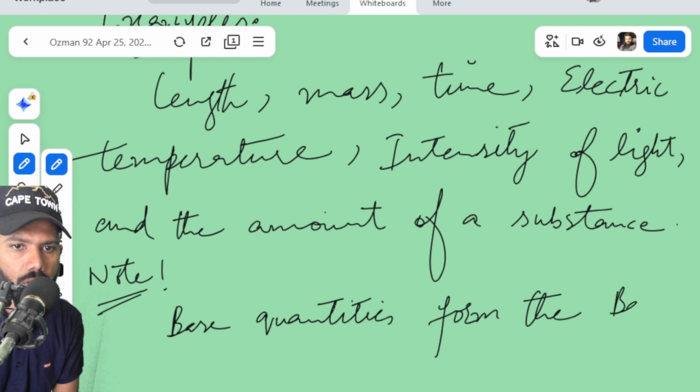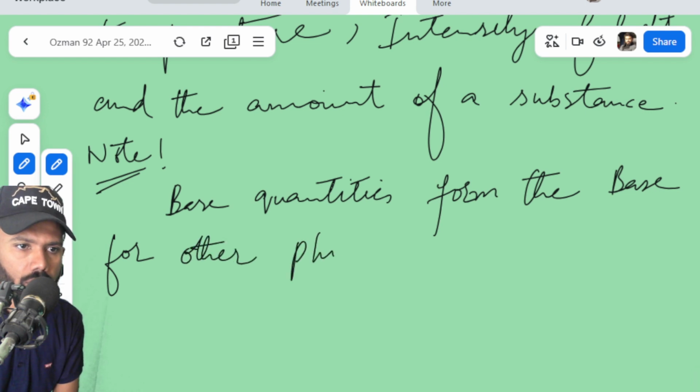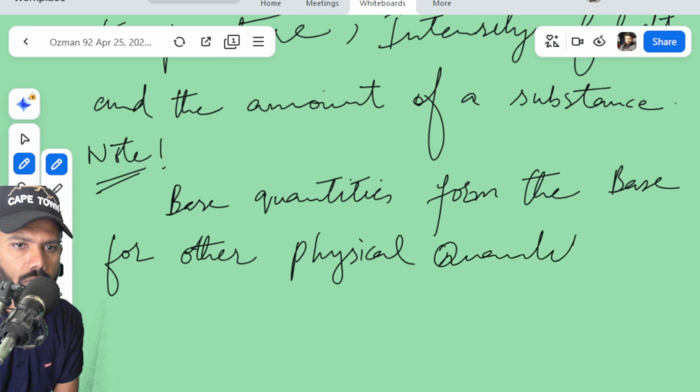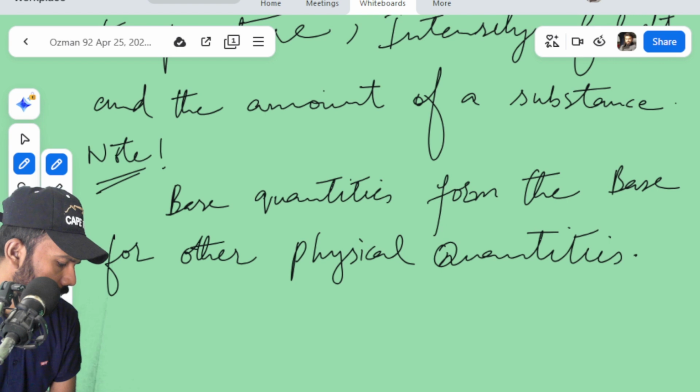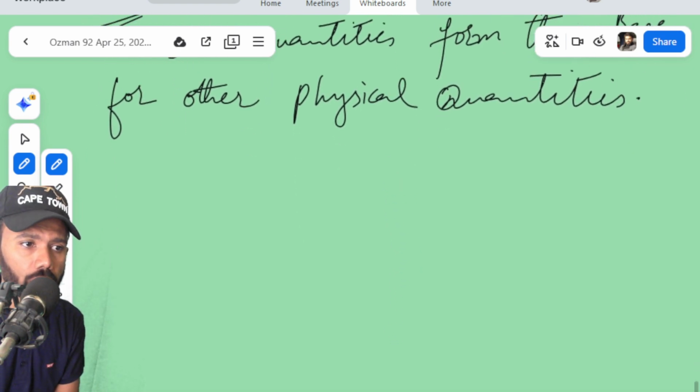They form the base for other physical quantities, right? So next we have derived quantities.